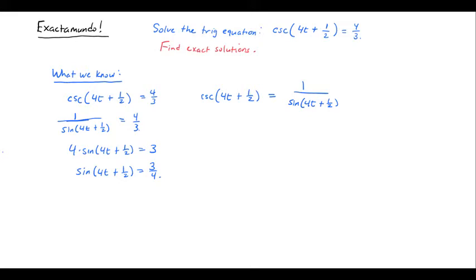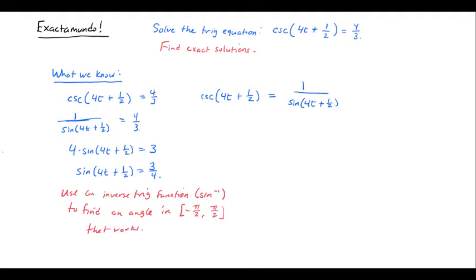So when this happens, I usually whip out an inverse trig function. We can use the inverse sine to find an angle in the interval from -π/2 to π/2 that works. I'm going to apply the inverse sine function to both sides.